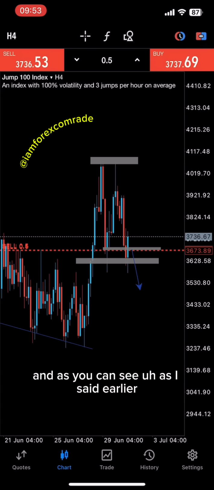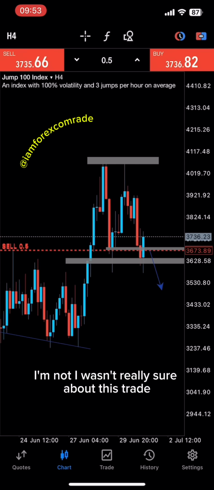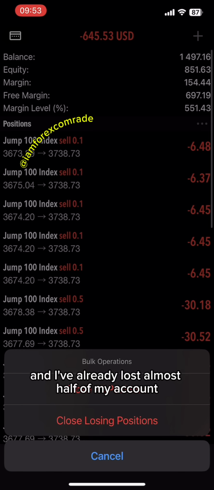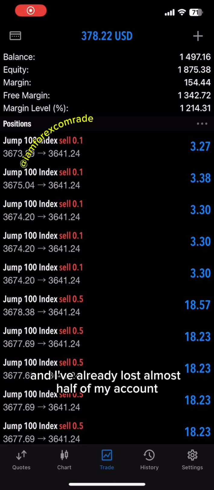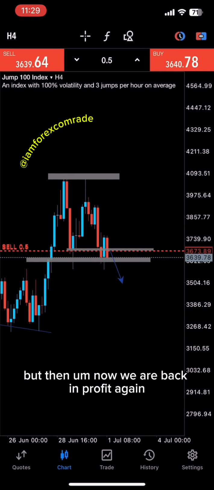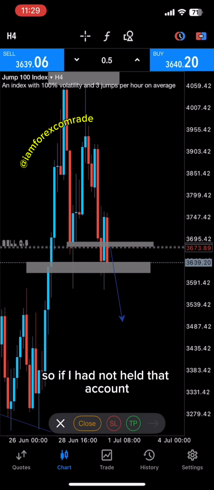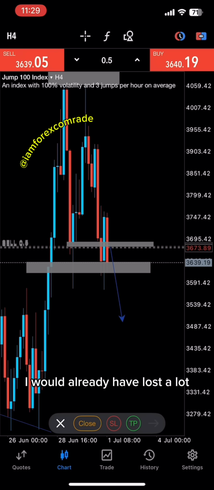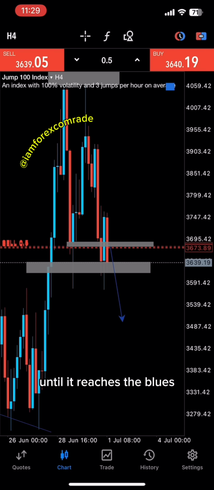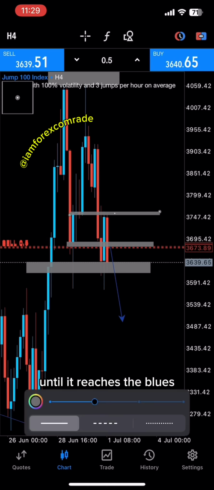And as you can see, as I said earlier, I wasn't really sure about this trade, and I've already lost almost half of my account. But then now we're back in profit again. So if I had not held that account, I would already have lost a lot. But then I was strong enough to hold the market until it reaches the blues.